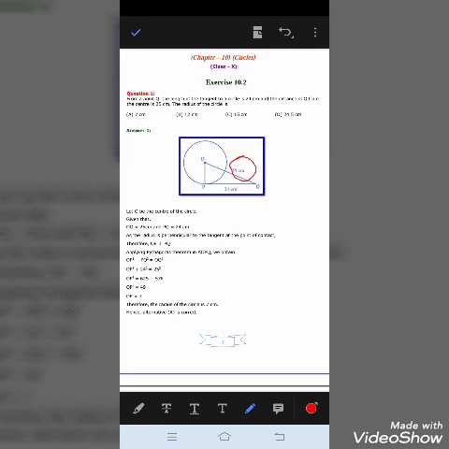The radius of the circle is what? So we need to calculate this exactly with this figure.